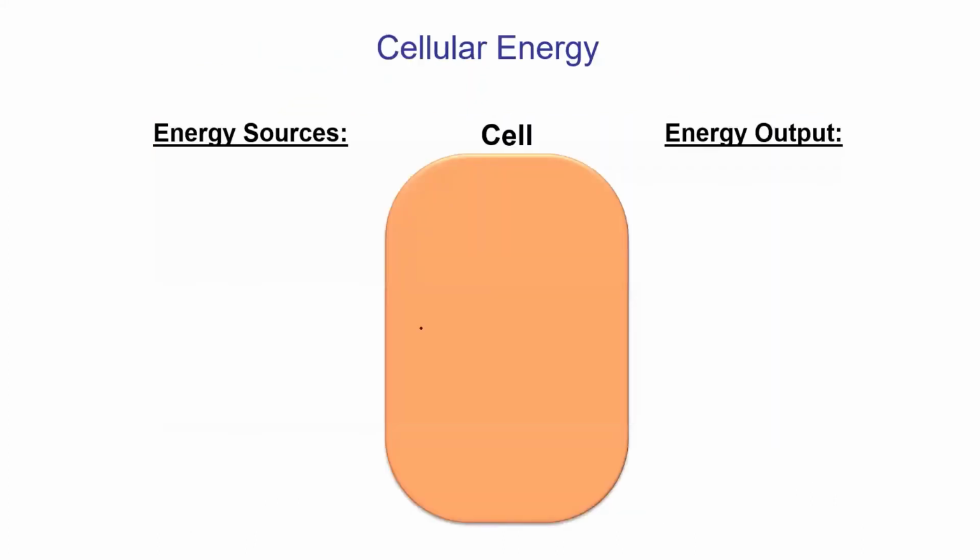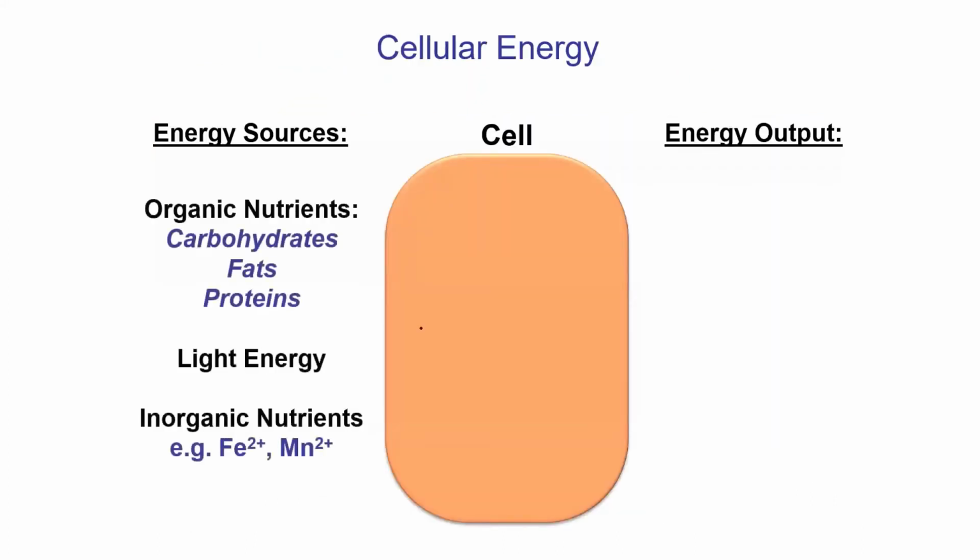So here's our cell, right? And think about the possible energy sources we could have. As humans, we eat food, and most of that food is carbohydrates or fats or proteins. We do eat nucleotides, but it's not a significant part of our nutrition in terms of getting energy out of them. It's just such a small part of the cells that you eat.